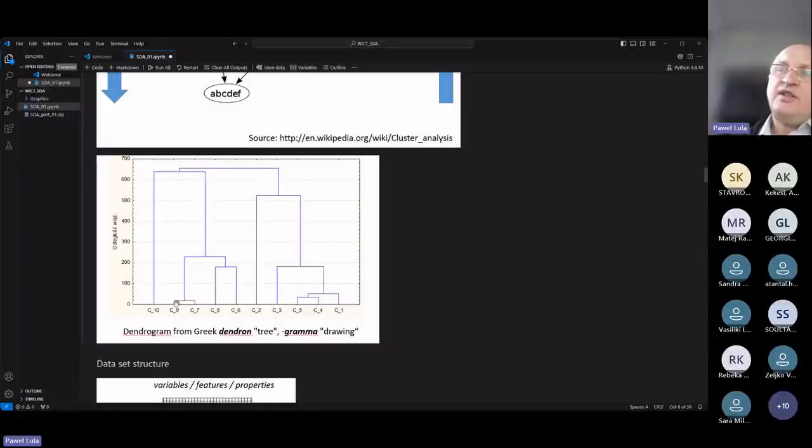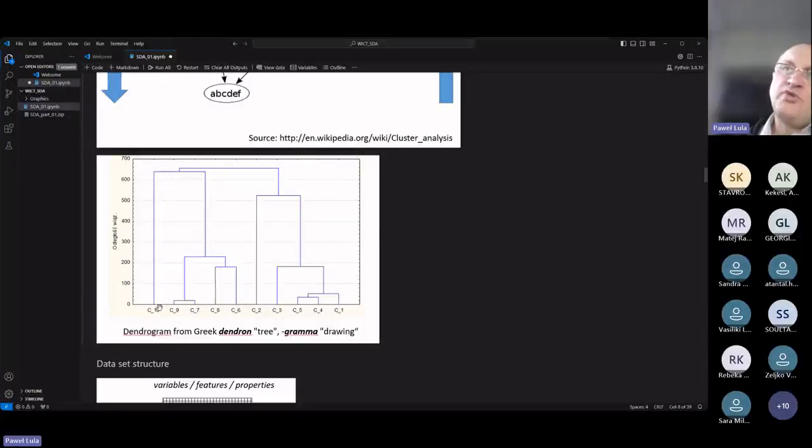The first cluster was created on this level, next on this, next here, after it here, next cluster was created on this level, and next here on this level. Next here, and the last cluster was created here.